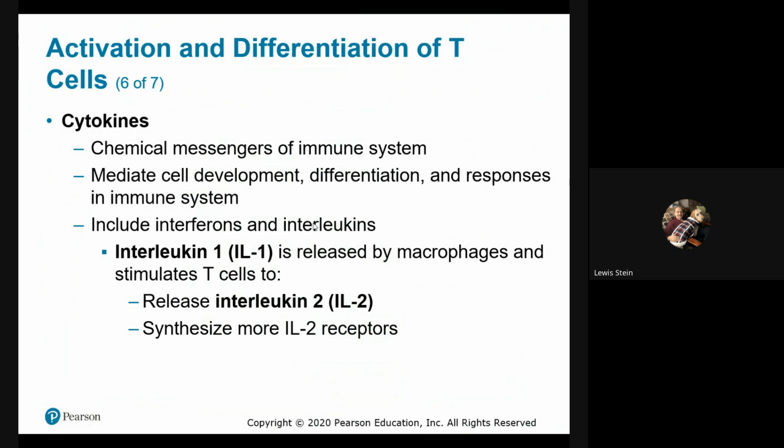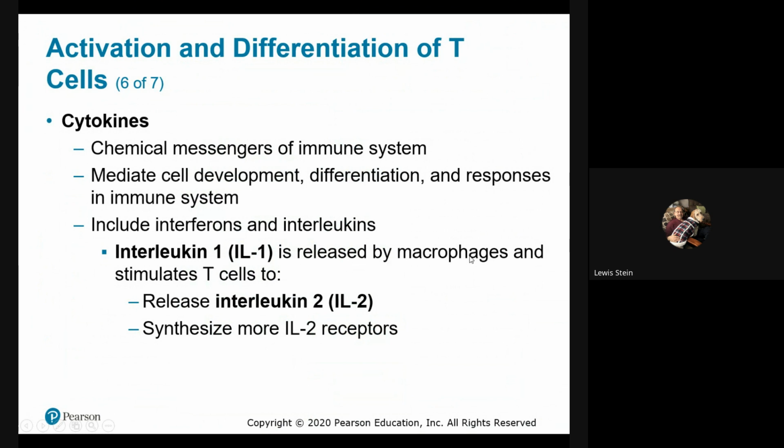They're summoning cells, dilating blood vessels, diverting circulation, outpouring white cells, activating other cells. So you can get a storm, we call a cytokine storm, in very severe diseases like toxic shock syndrome or scarlet fever.